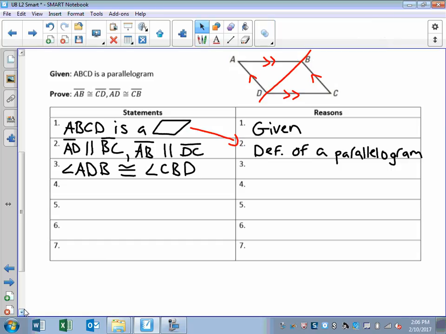So we got ADB and we got CBD. Now, how do we know that? Well, they're on opposite sides of the transversal. So that means that they're alternate interior angles, and alternate interior angles are congruent.